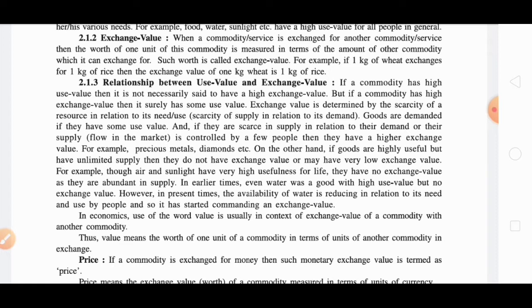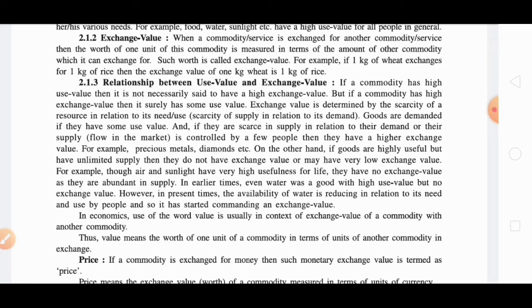Let's have one example, that we are having the supply of gold and iron both. But the supply of iron is very high. It means the availability of iron is very easy and it can be available from so many sources.